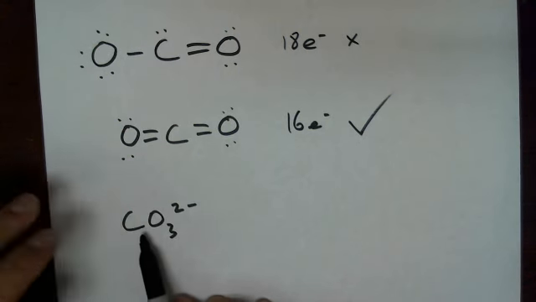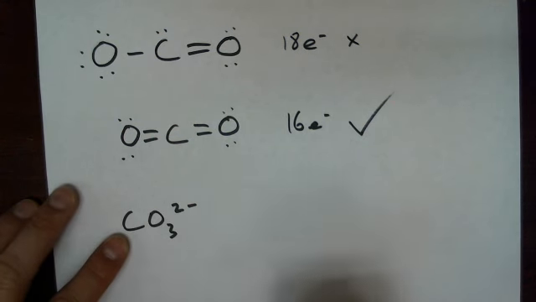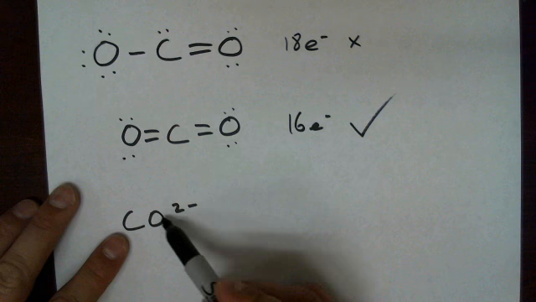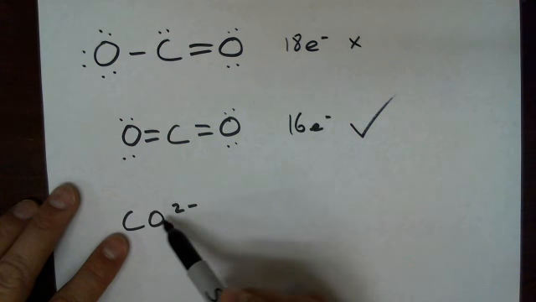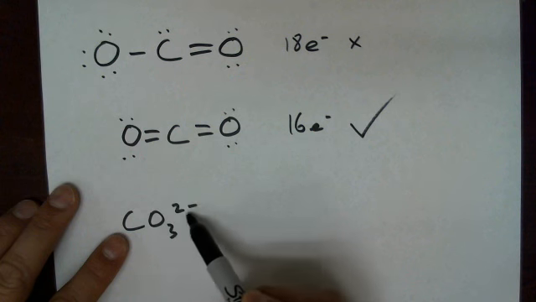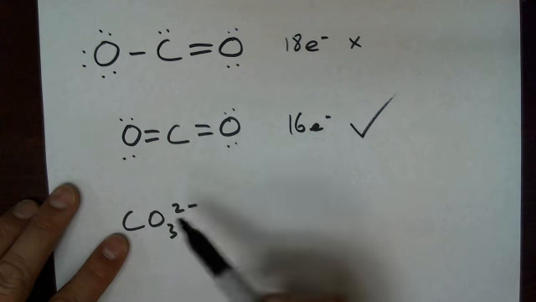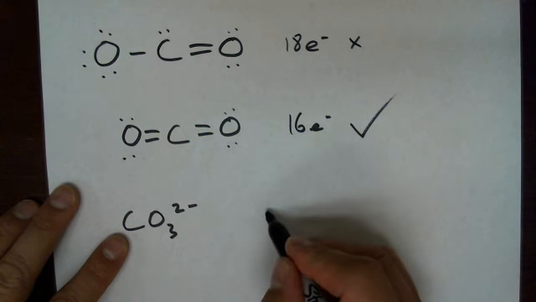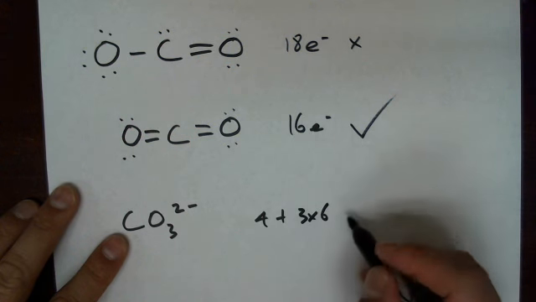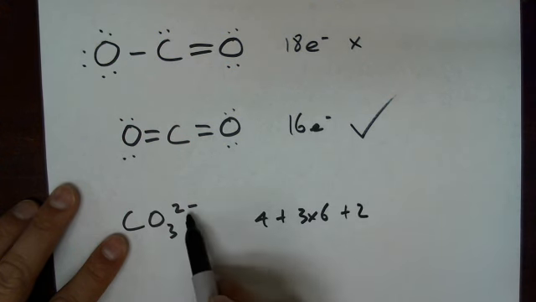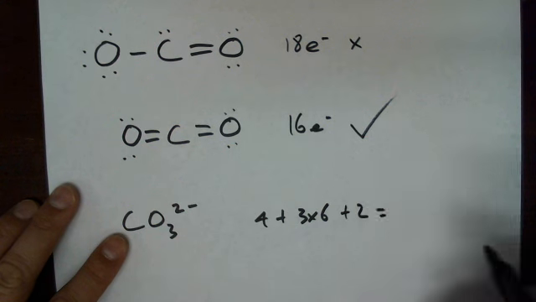There are 4 from the carbon, plus 3 lots of 6 from the oxygen, so it's a total of 22, plus there's a 2- charge here, so it's a total of 24 electrons. 4 plus 3 times 6 for the oxygens, plus 2 because it's a 2- charge.